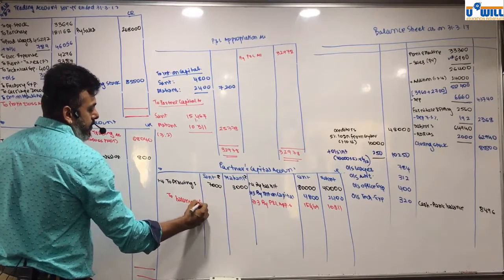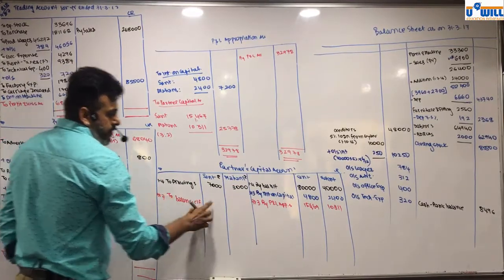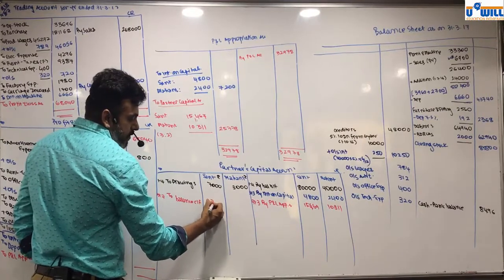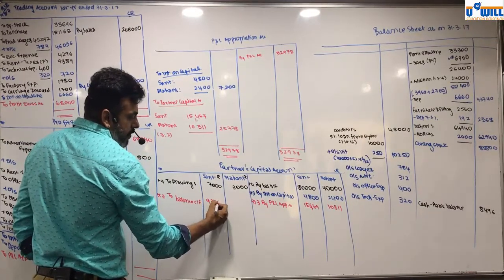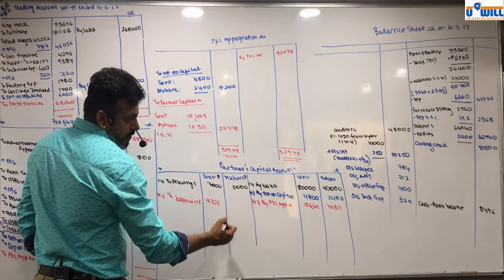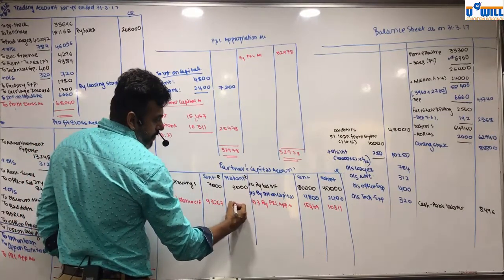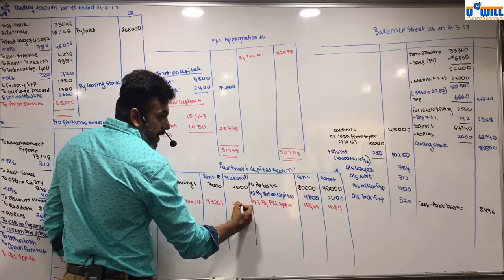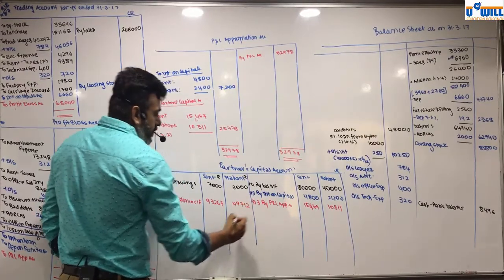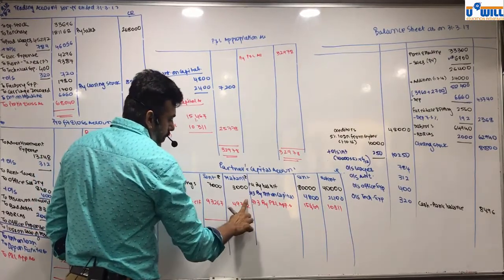Balance carry forward. What's the balance? 9326 and OE 497111.